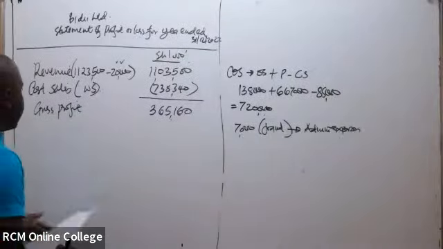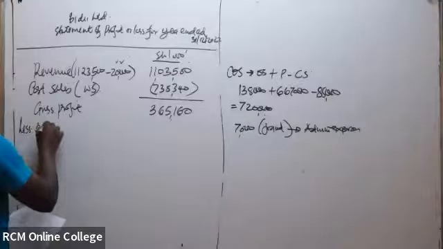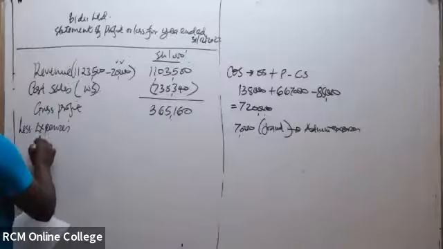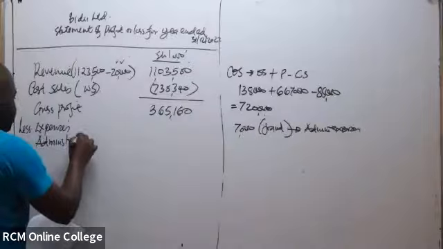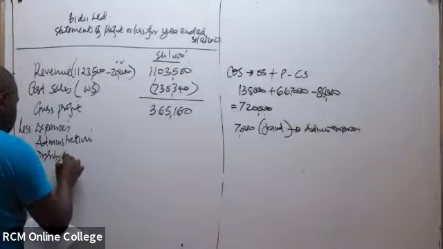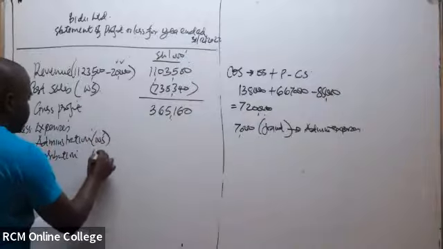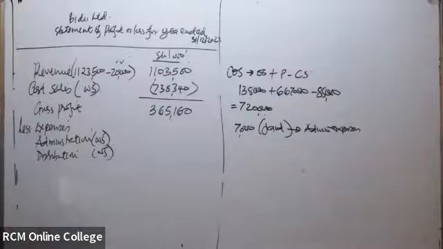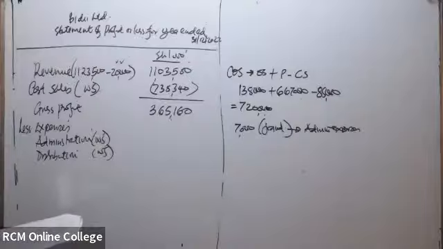Then we can less our expenses. We have administration expenses and distribution expenses, which you've done under working 5. Our administration expenses was coming to 105, is it?